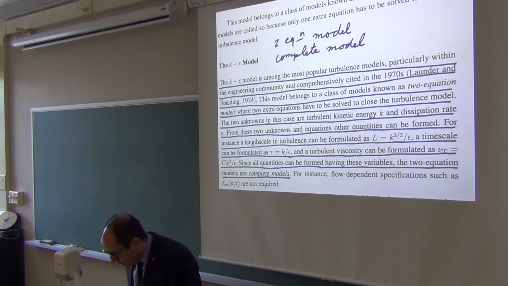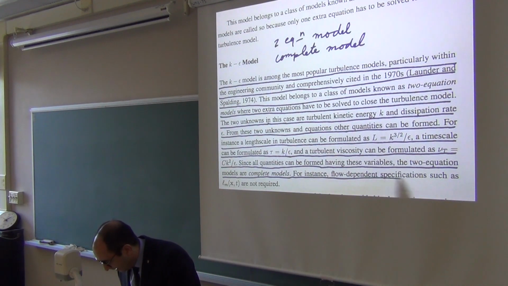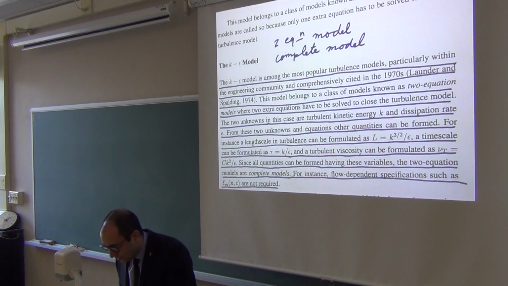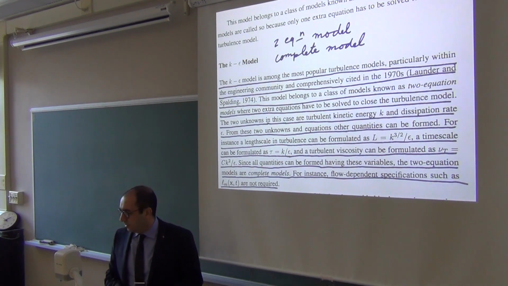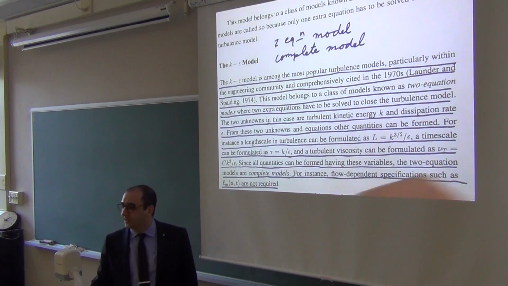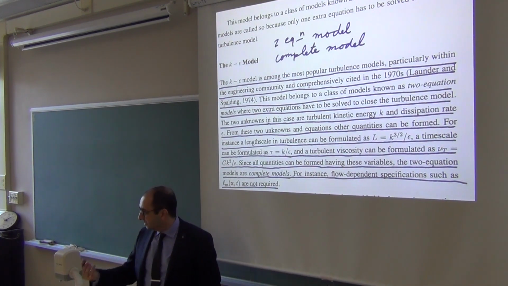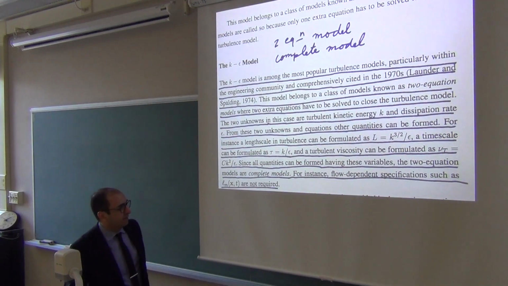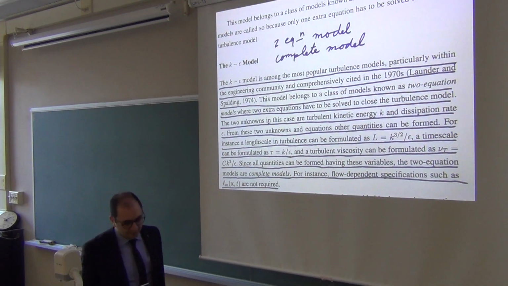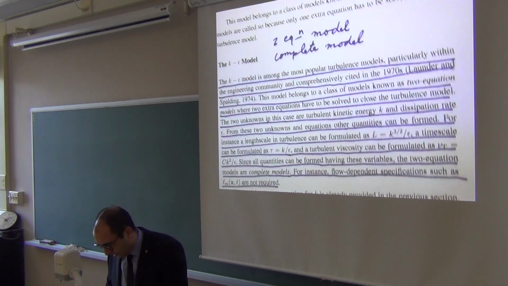Also, there is no requirement to specify mixing length, LM. It's not required anymore, which is another advantage. Remember, specifying LM depended on the flow last time, and it depended on the type of numerical grid I may have. So it's mathematically nice to put together.